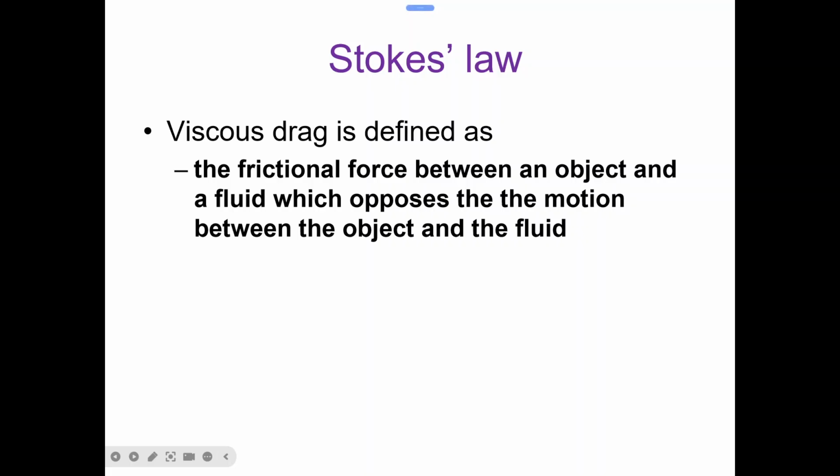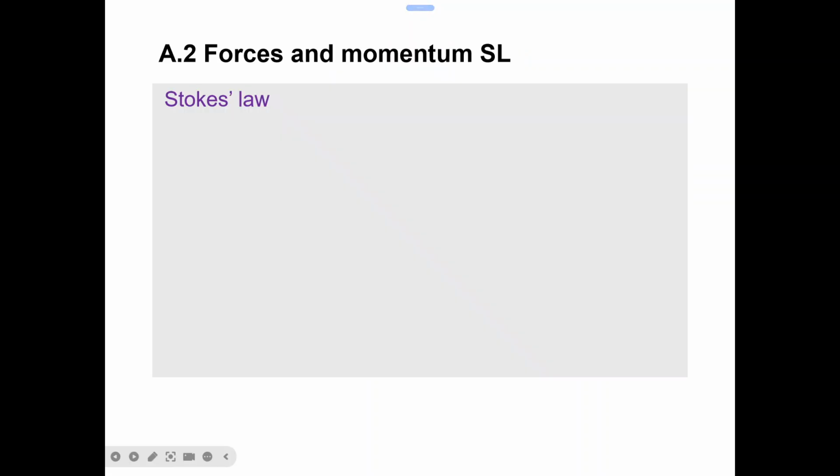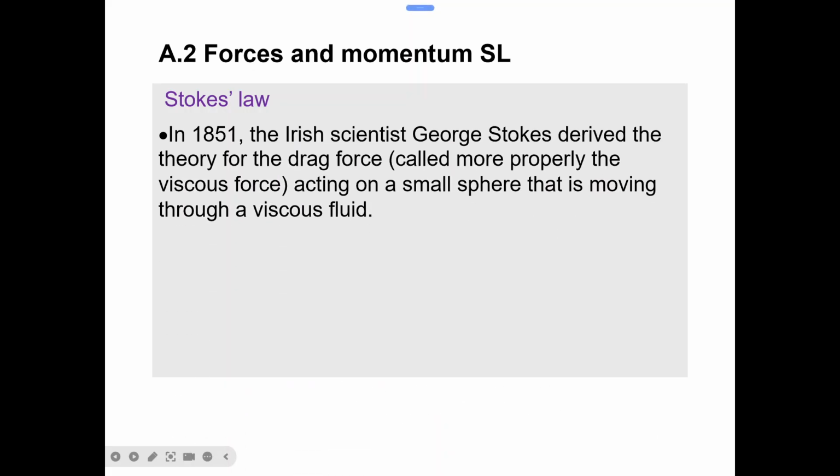Now, that gives us Stokes' law. Stokes' law states that in 1851, the scientist George Stokes derived the theory for the drag force, more properly called the viscous force, acting on a small sphere that is moving through a viscous fluid. Do you know the word viscous?